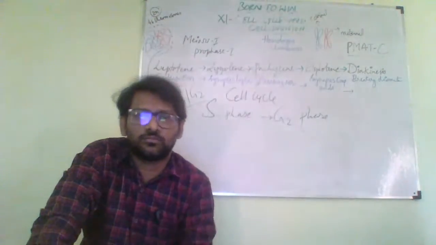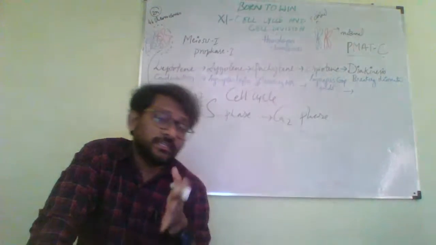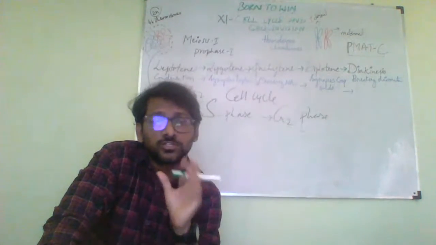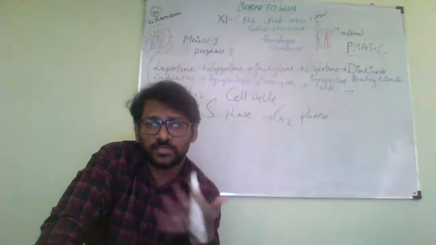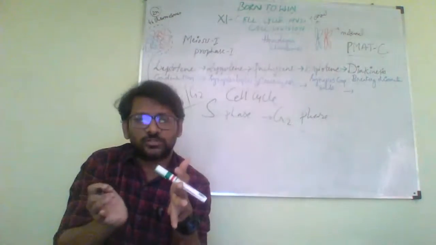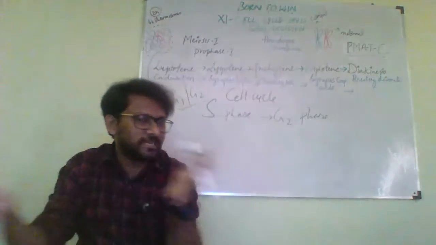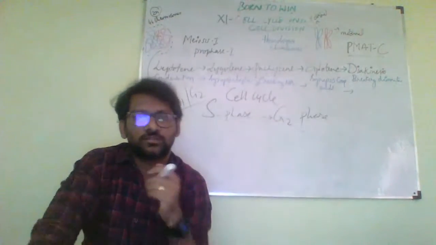Then after this, the cell enters the second growth phase where the nuclear envelope also tries to form. In this phase, one more thing that is demarcated is the formation of centrosomes. In the last class, yesterday, you would have revised the cell organelles. There are centrosomes, and you have centriole formation and the centriole arrangement. They are arranged perpendicularly, right?